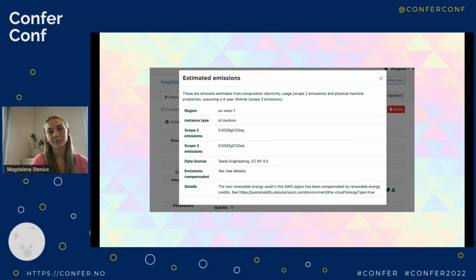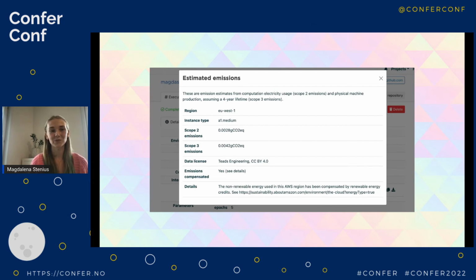build our own open-sourced Python package for calculating the emissions of machine learning trainings ran on AWS instances based on this data that we found. So here is the result. For each machine learning training we run, you can now see an estimation of the emissions.